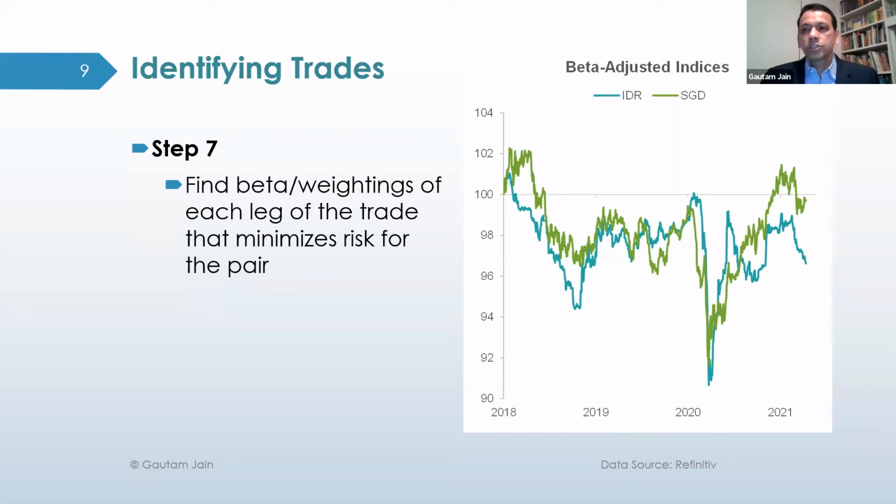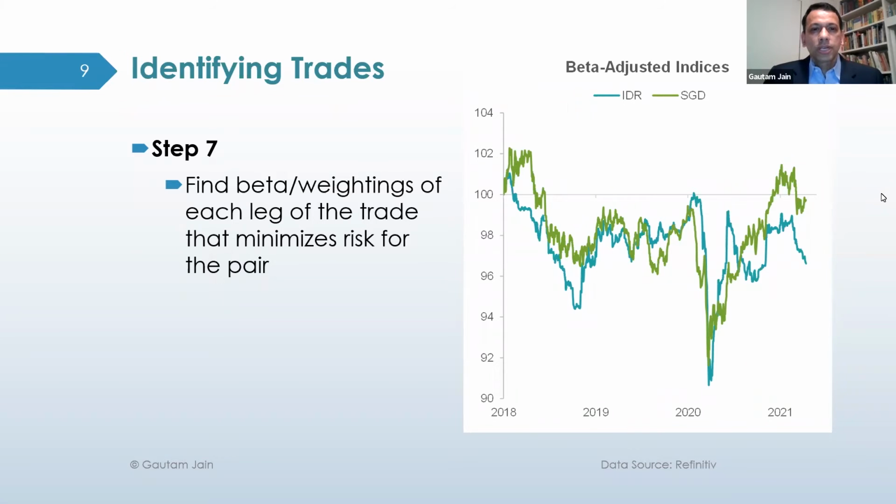Essentially, I do this by finding the weights that minimize the risk. The risk itself can be defined in terms of either beta or volatility or VaR, any approach that you use essentially to find the weight that historically had the least risk for the pair.